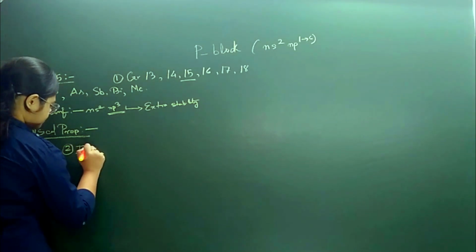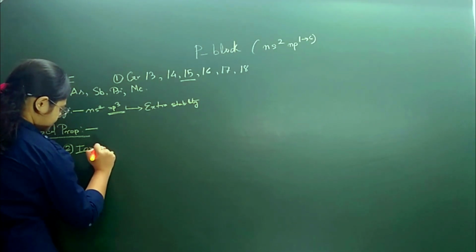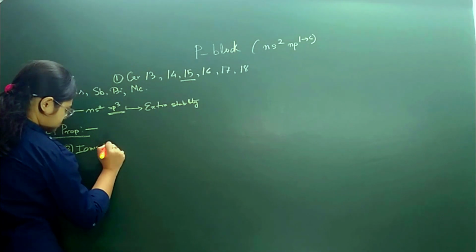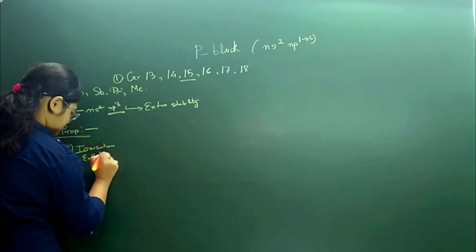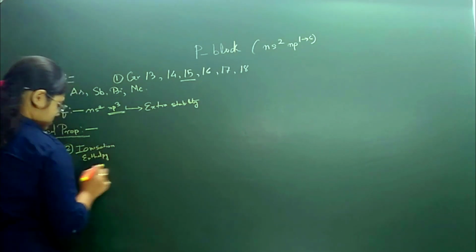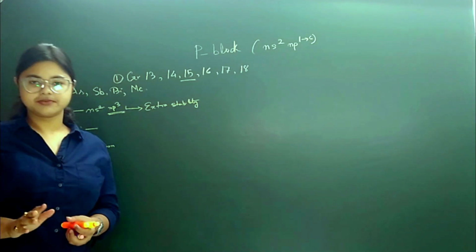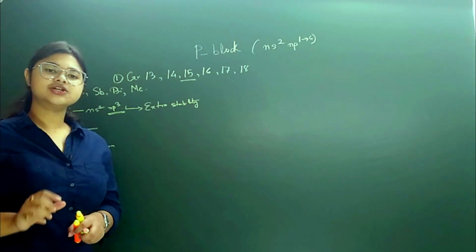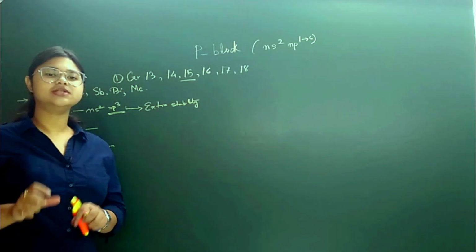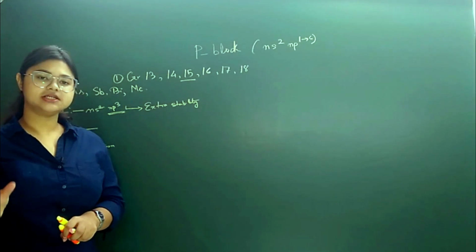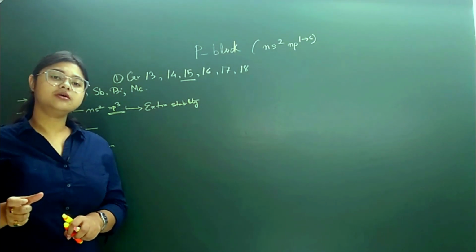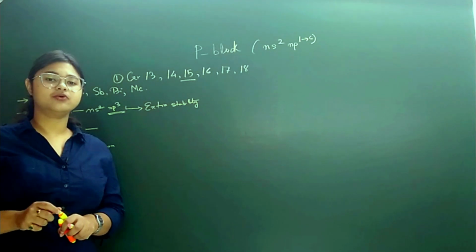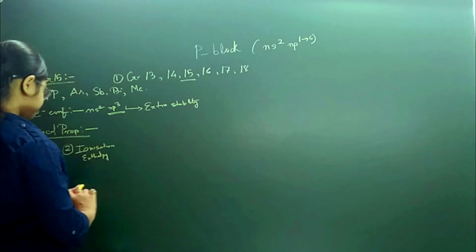Then ionization enthalpy. Ionization enthalpy is the minimum energy required to release an electron from a gaseous atom in its ground state.